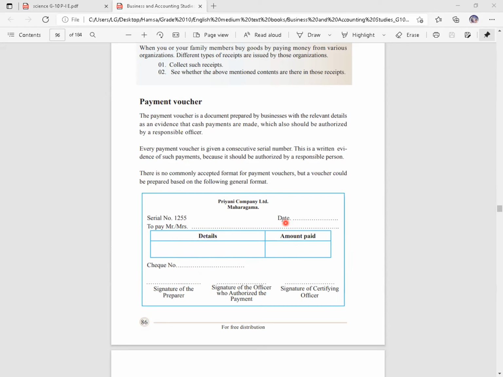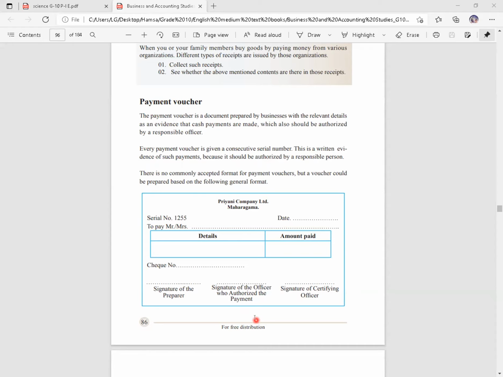Every payment voucher is given a consecutive serial number, for your reference. This is a written evidence of such payments because it should be authorized by a responsible person. You can't just take 150,000 from your drawer and pay it. There should be a person authorizing this, at least the manager or the owner.